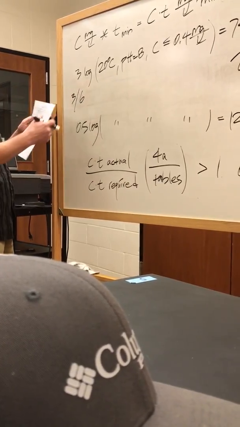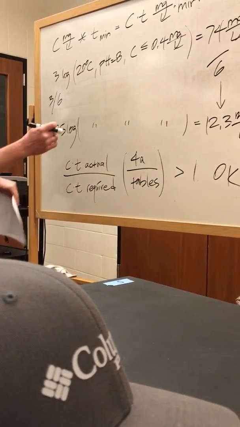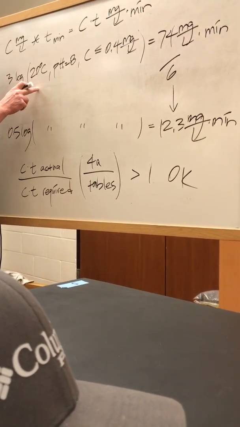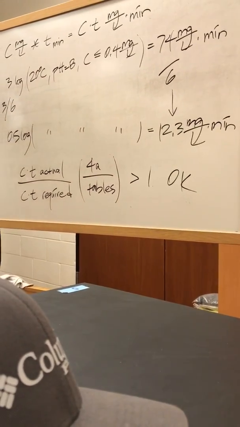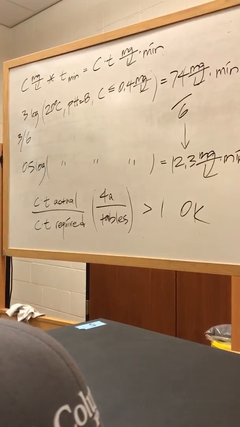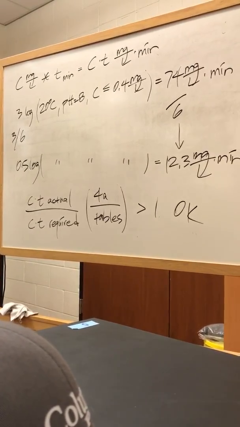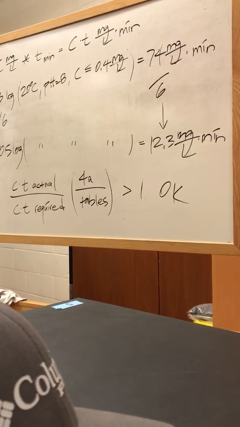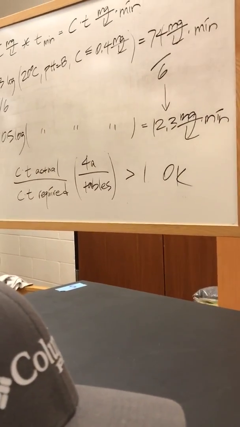And so the problem tells you that at 20 degrees Celsius, a pH of 8, these are all given. And then I think it gives you a concentration. So if you look on your lab handout, it used to be at the top, the problem.